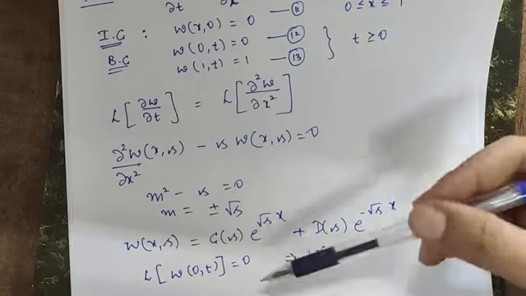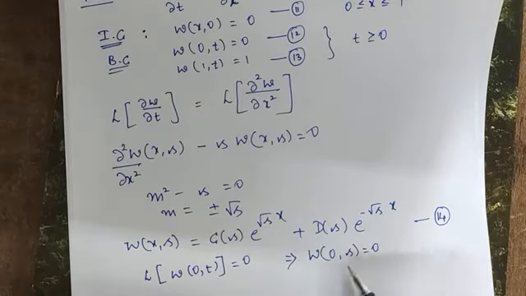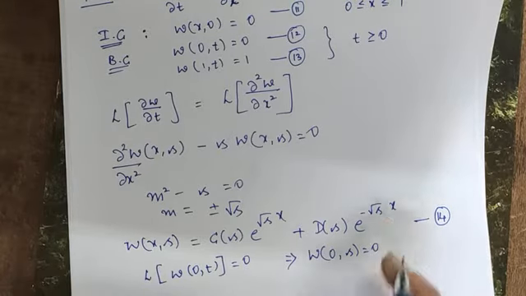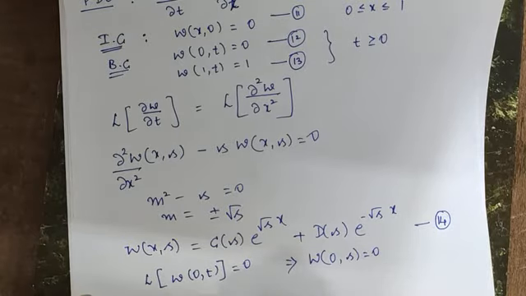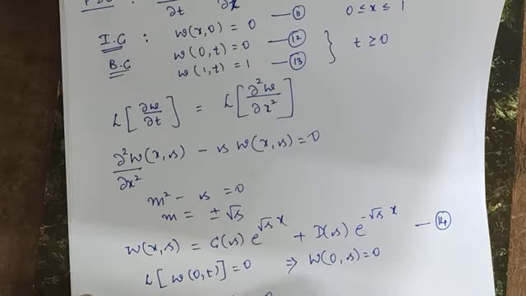If you apply Laplace transform on both sides, you will get omega of 0, s is equal to 0. Now apply this in equation number 14. You will get c(s) plus d(s) is equal to 0. That is, c(s) is equal to minus d(s).